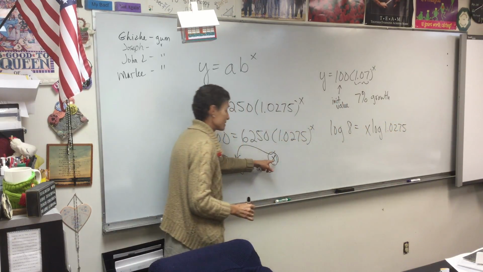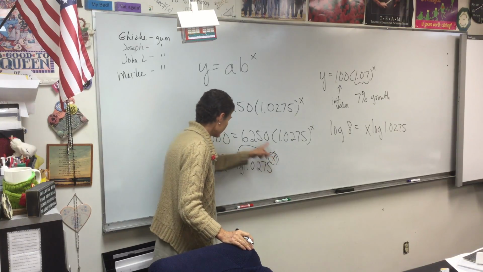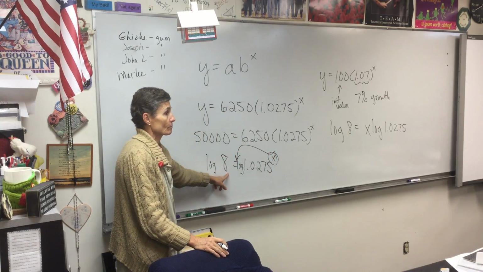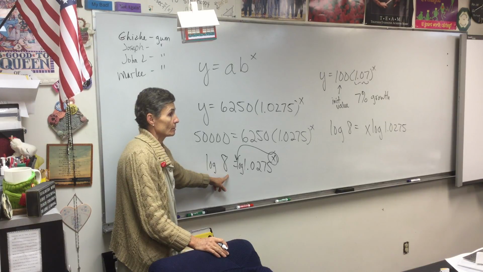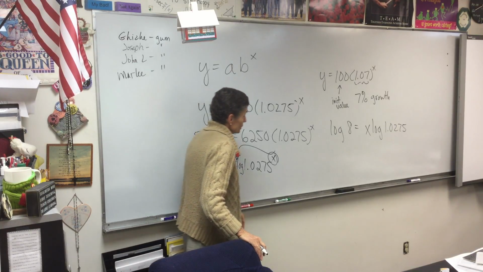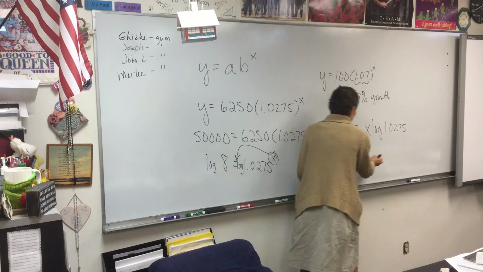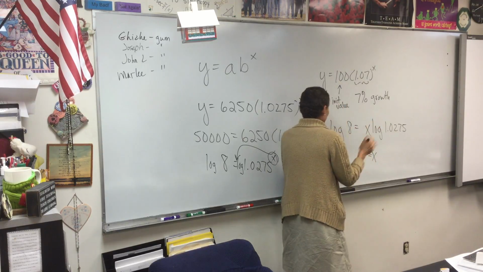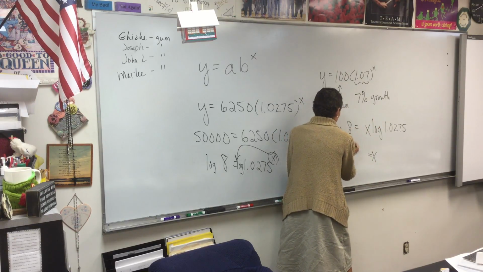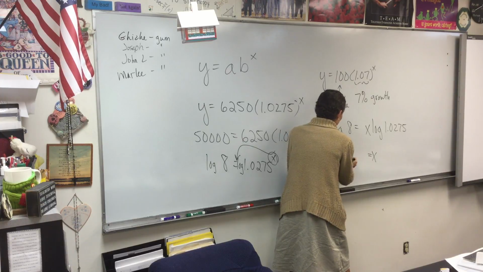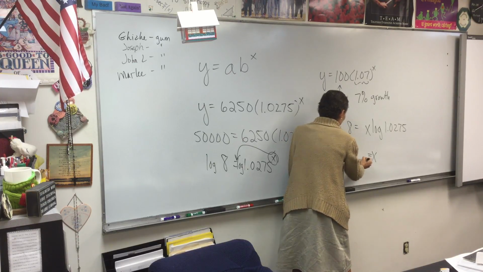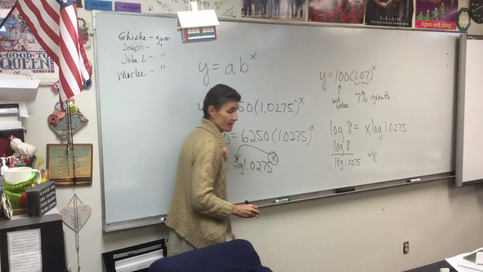The x, the power, comes out in front. So now, to figure out what x is, all I need to do is divide log of 8 by the log of 1.0275.